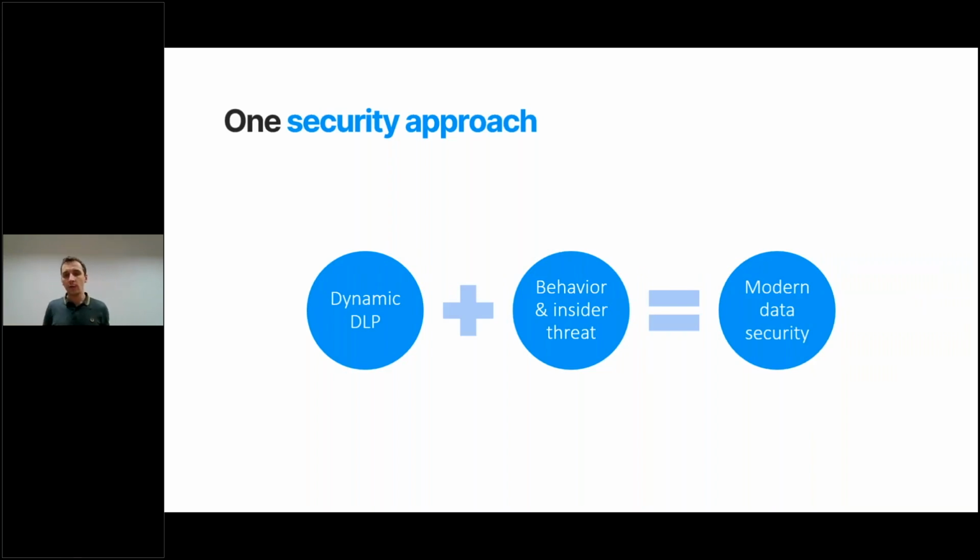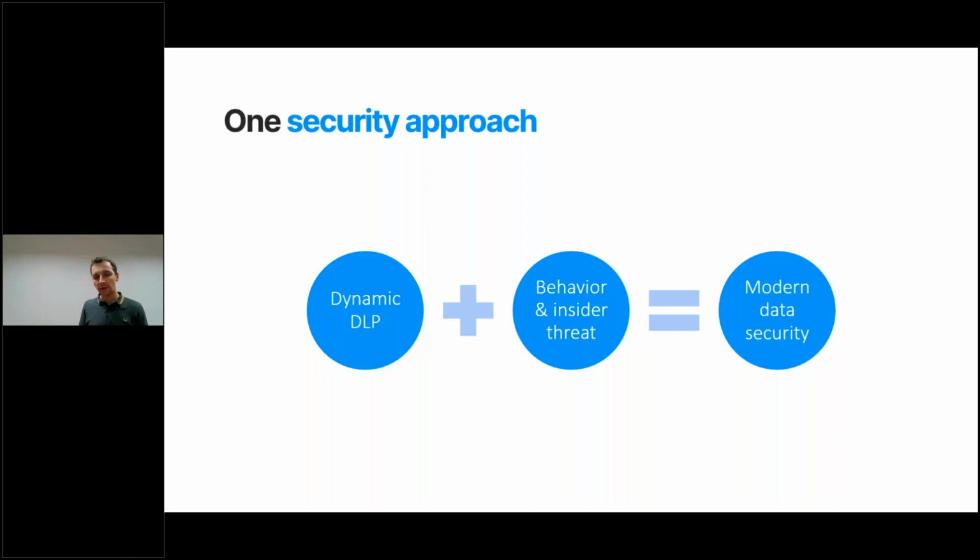Our idea of modern data security consists of two pieces. A DLP, which is behaving dynamically, which is detecting things and responding to them in a dynamic way, which is a data-centric protection. And then the second part, which is a human-centric part, which takes a look at user behavior, at behavior anomalies, and at insider threat detection.